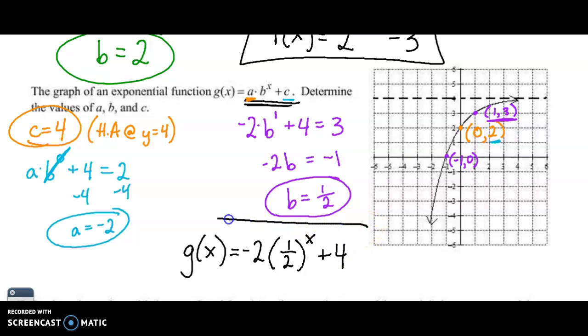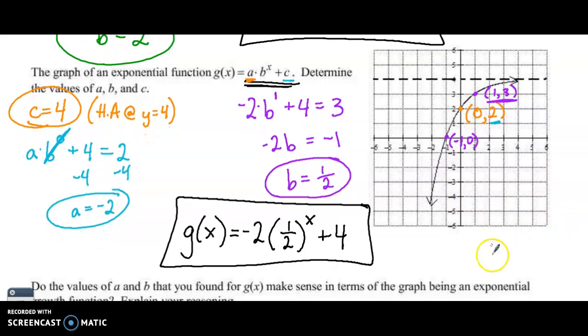Let's see if this answer makes sense. Now you could use a graphing calculator. If you're doing your homework or you use a calculator, that's fine. But we have exponential growth with 1 reflection. Well, I said that wrong, but if the base is smaller than 1 with 1 reflection, then we should have exponential growth, and we do.